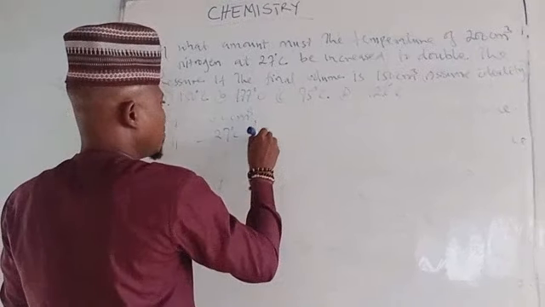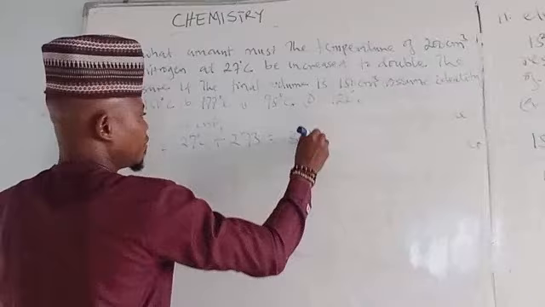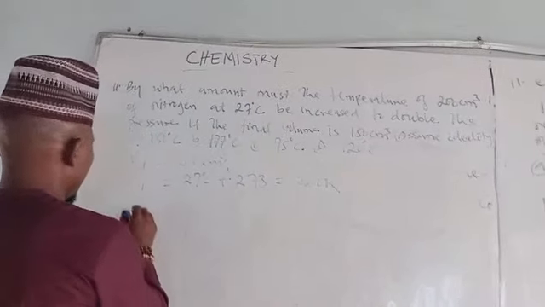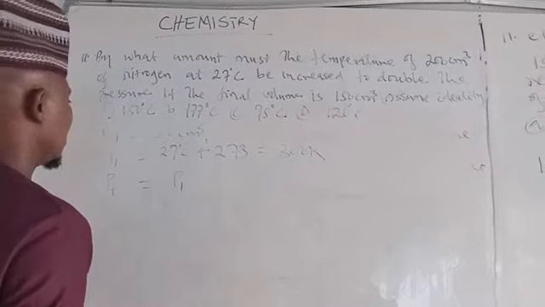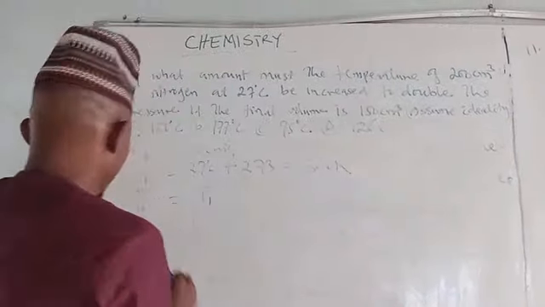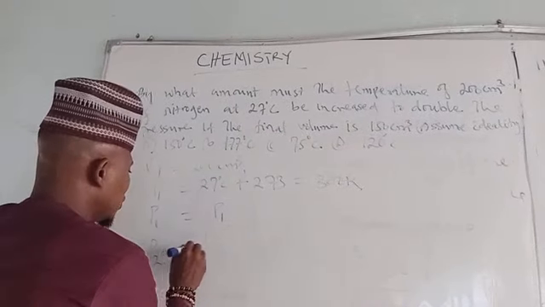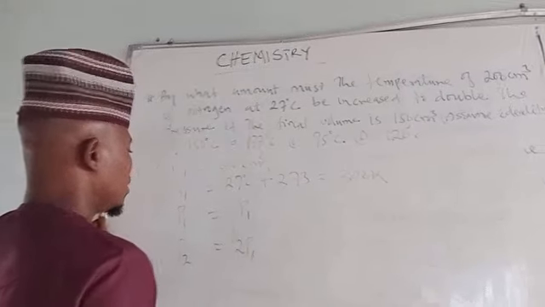We'll convert that to Kelvin by adding 273, and that will give us 300 Kelvin. P1 is equal to P1. Now, they say the increase to double the pressure. That means P2 is equal to 2P1 because we are going to double the pressure.